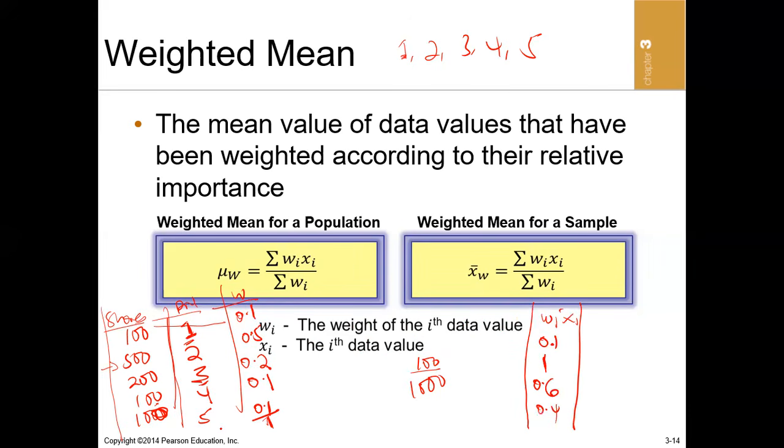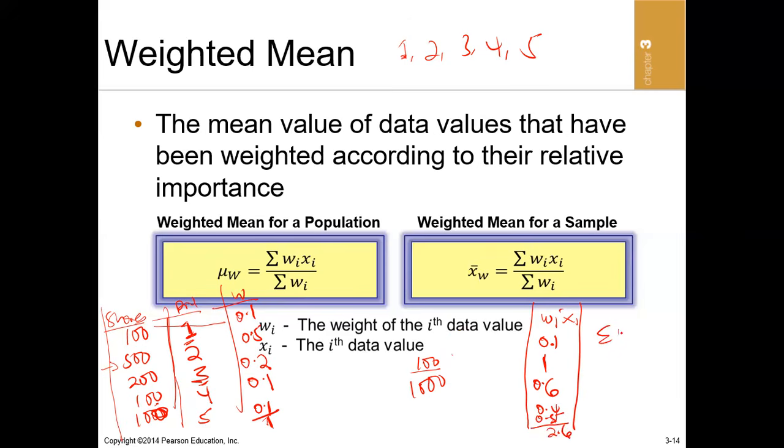And 5 times 0.1 is 0.5. So let's sum them. 0.5 plus 0.4 is 0.9, plus 0.1 is 1, plus 1 is 2, so 2.6. If you sum everything here, you get 2.6.